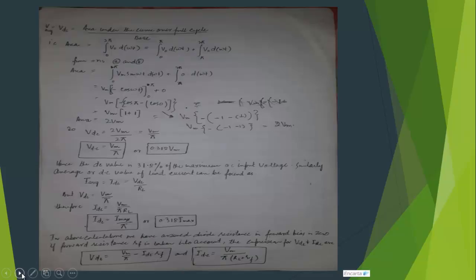If we integrate this equation, the area becomes twice Vm. So we got the result for the area.